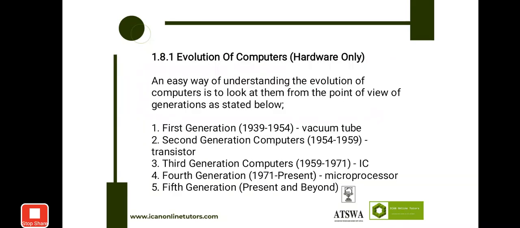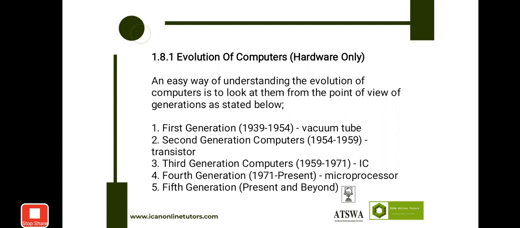So, evolution of computers. Computers have gone through various classifications. We're looking at how these computers evolved in their different generations. So we have 5 generations.